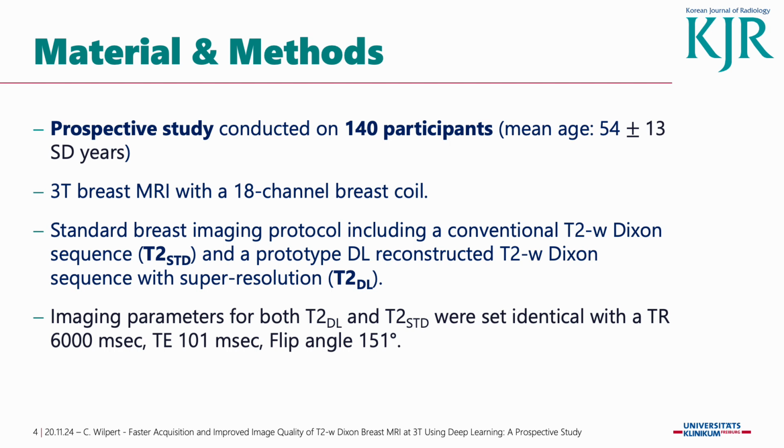Imaging parameters were set identical for both the T2-DL and the T2 standard sequence, with a TR of 6000 milliseconds, a TE of 101 milliseconds, and a flip angle of 151 degrees.